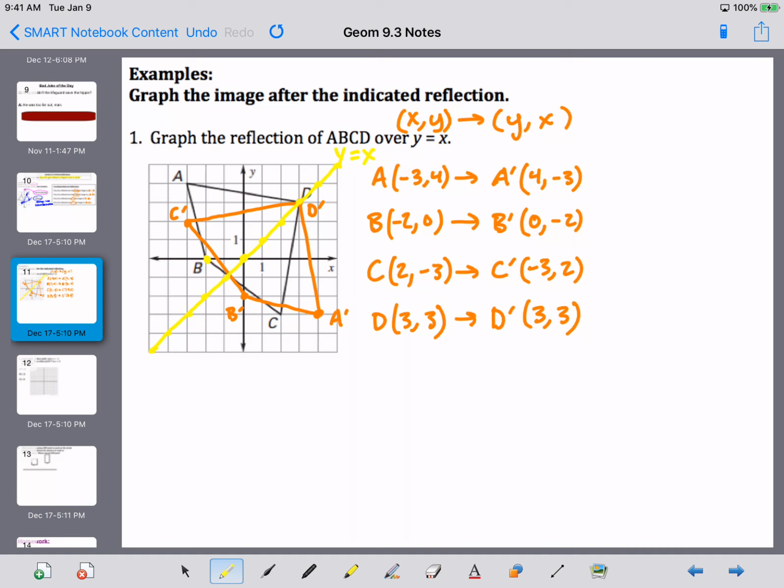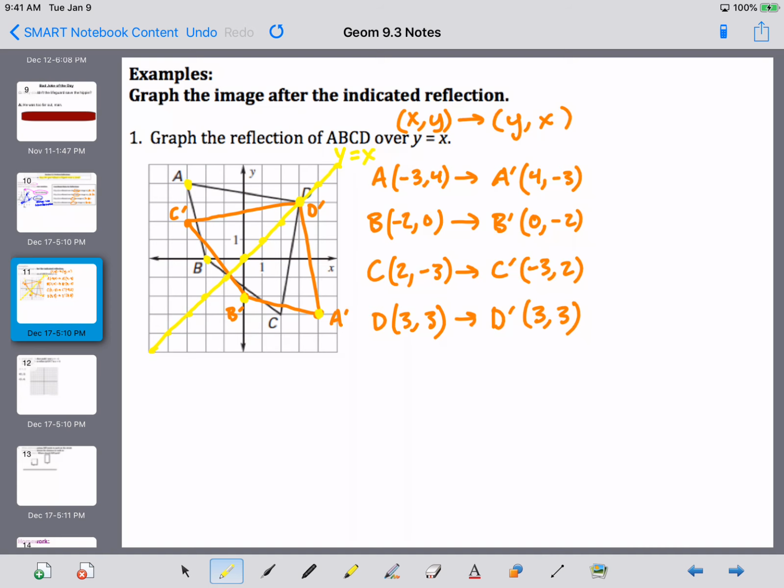Like B was here and now it's over here, so it's the same distance from that line. Same with A prime and A, they're the same distance from that line. And that's why D and D prime are in the same spot, because D was on the line of reflection. Anytime a point is on the line of reflection, it does not move.